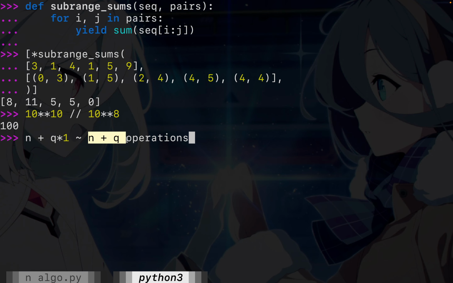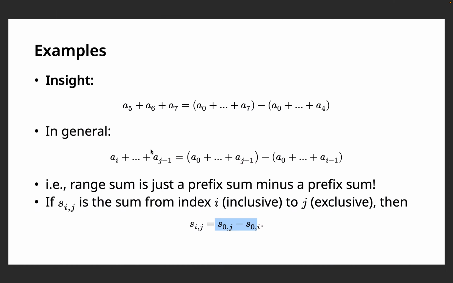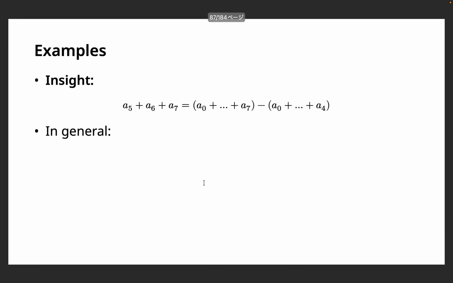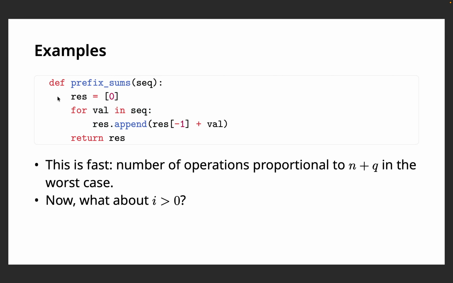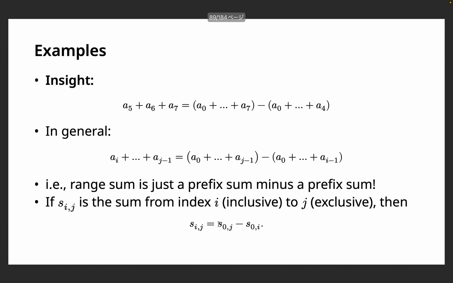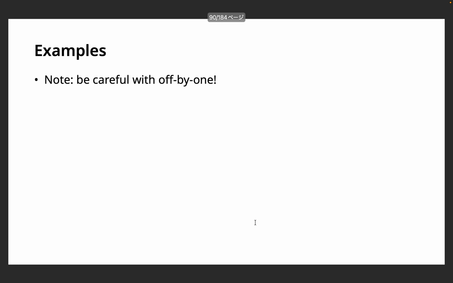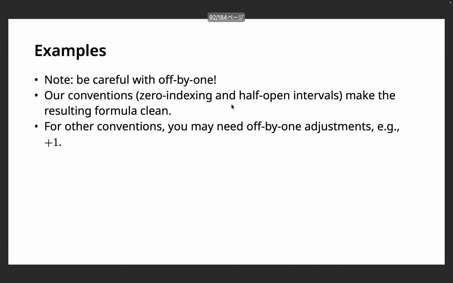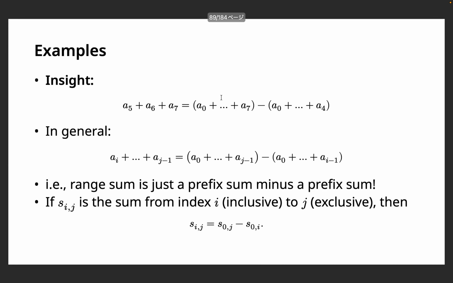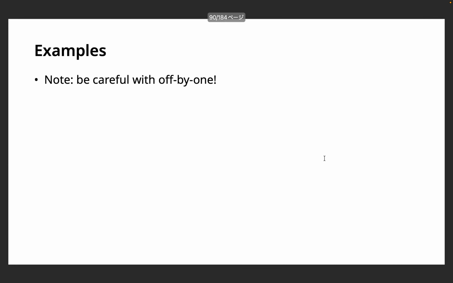So this will give us the same n plus q function for the efficiency of this new implementation, if we use this idea. Depending on how you actually implement all of this, for example the prefix sums here, the actual indices you will have to use might be a bit different.